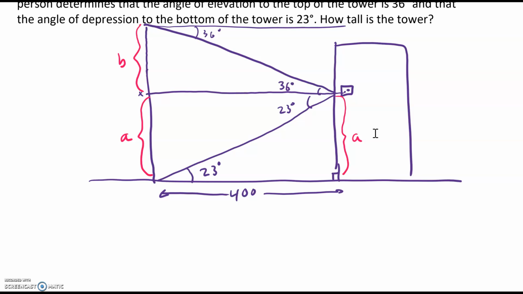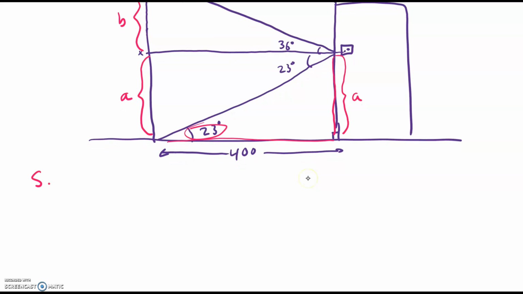So here's our angle right there. Side A is the opposite side, and this 400 is the adjacent side. So we have opposite over adjacent. That means tangent, right? Remember SOHCAHTOA. Tangent is opposite over adjacent.